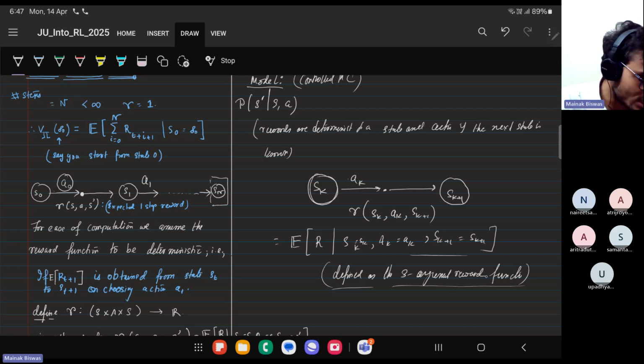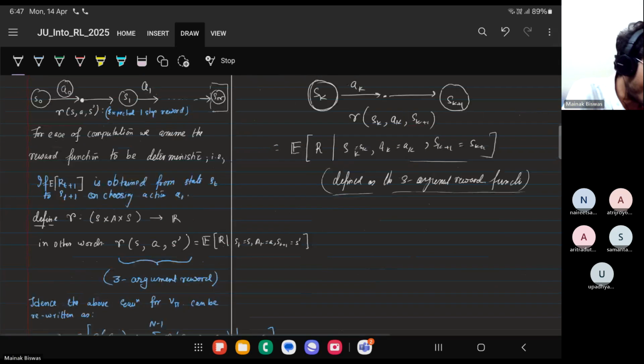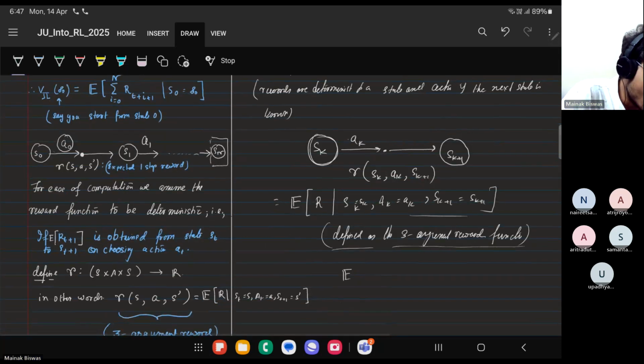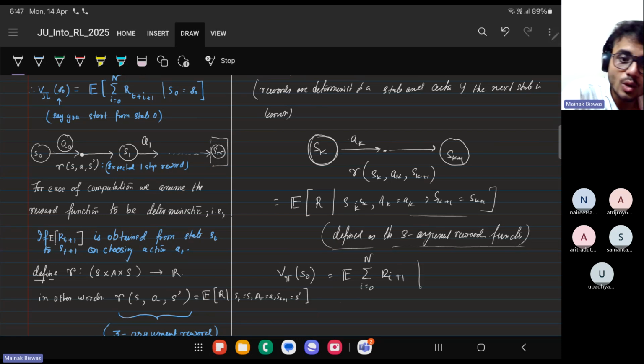So basically what I'm trying to say to you is, if I write down this equation, summation of i equal to 0 to n of r(t plus i plus 1)... the reward at t equal to 0 is 0, so I will not even write t. I will write i plus 1, given that I'm already starting at 0.